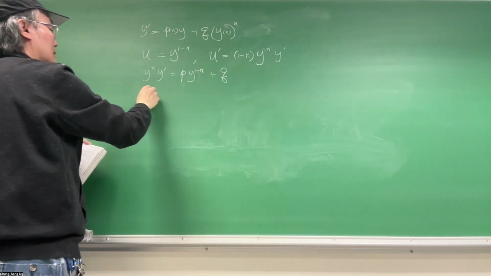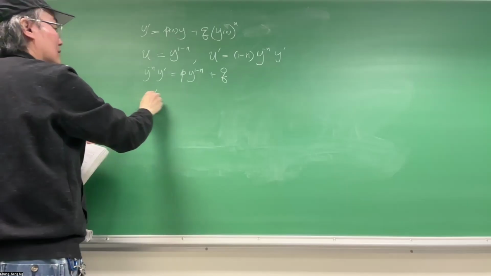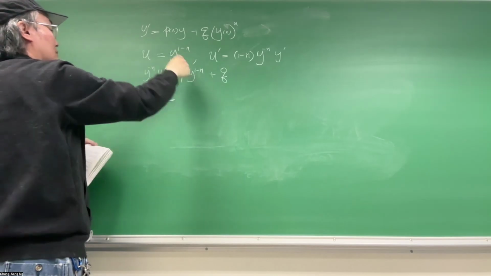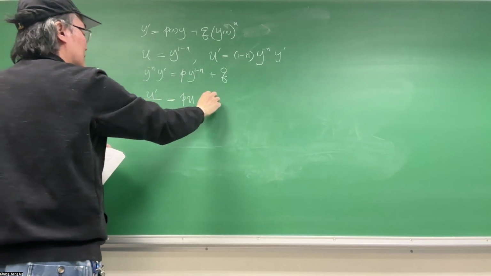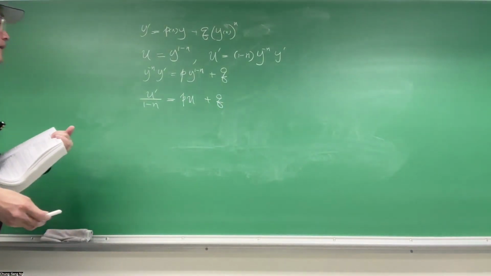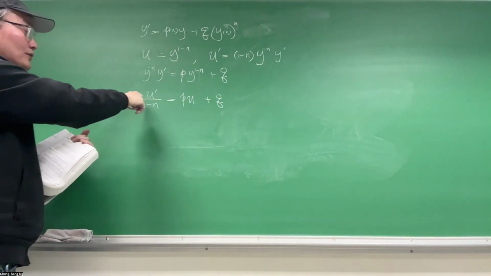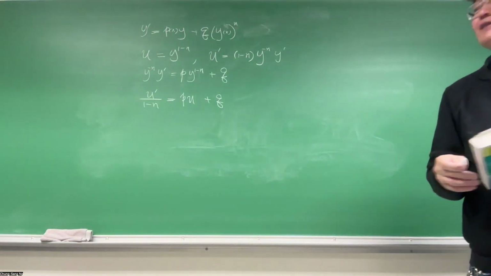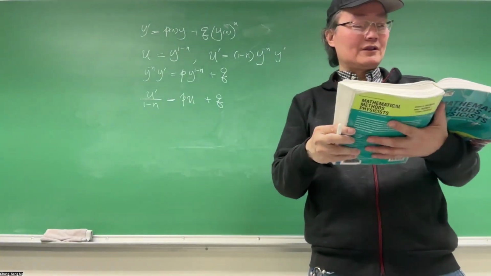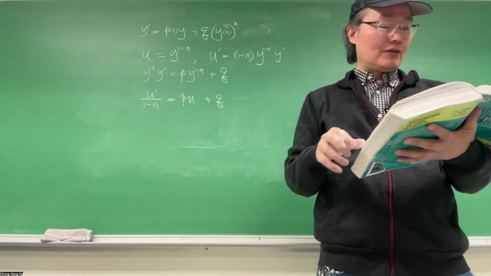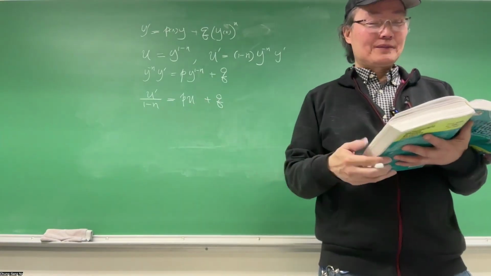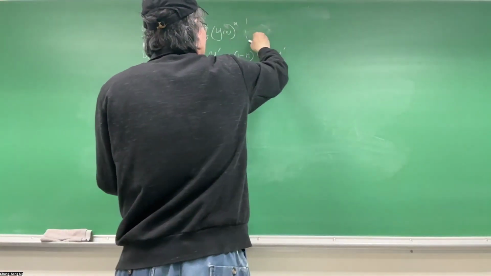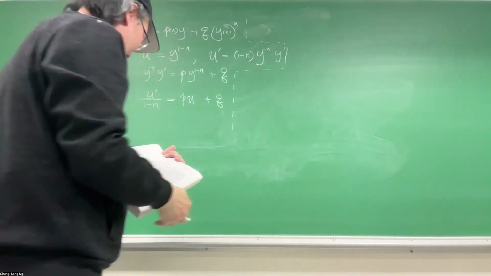And y to the 1 minus n power is just u. Okay. Now this equation is a first order linear equation in u, and you know how to solve it. We talked about the general formula for a first order linear ODE. So that's just a very simple type of example.